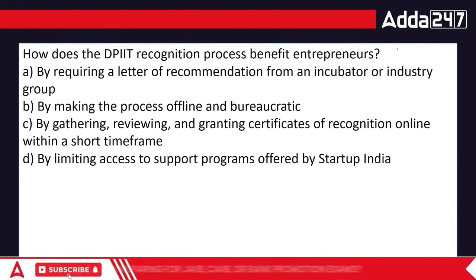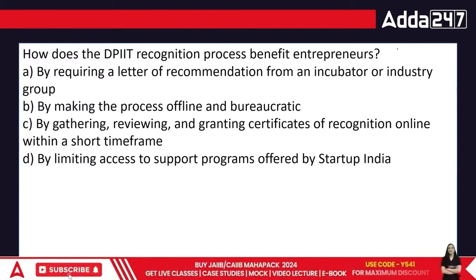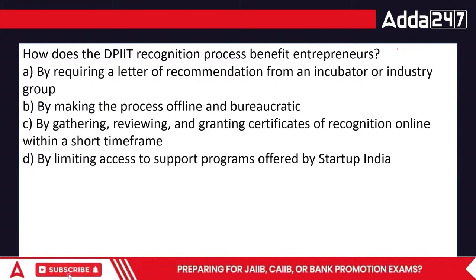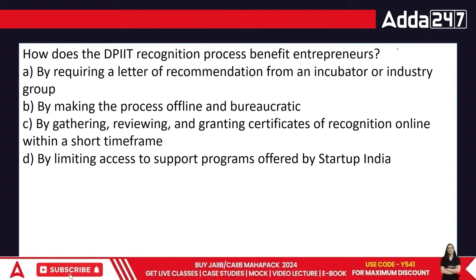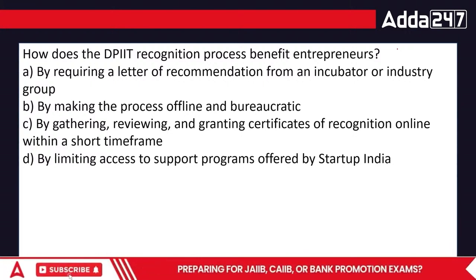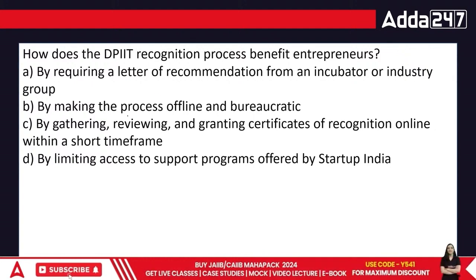How does the DPIIT recognition process benefit entrepreneurs? DPIIT helps a lot of these organizations to help the entrepreneurs by requiring a letter of recommendation from incubator. Incubator is basically the one which protects you. Then comes the next part, by making the process offline or bureaucratic.